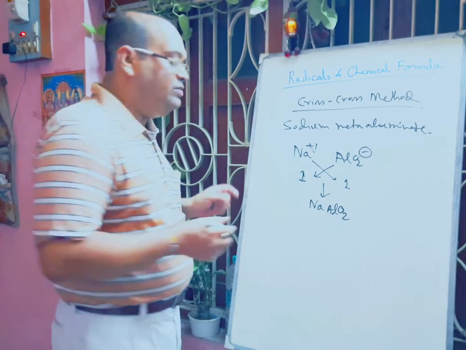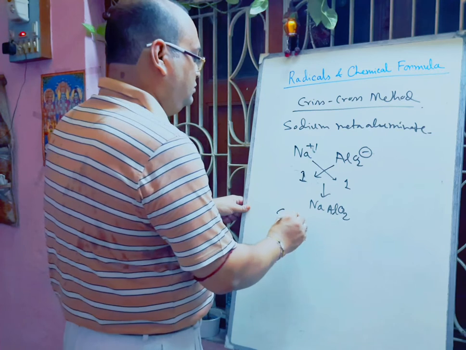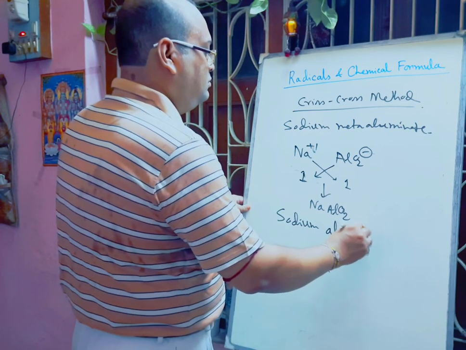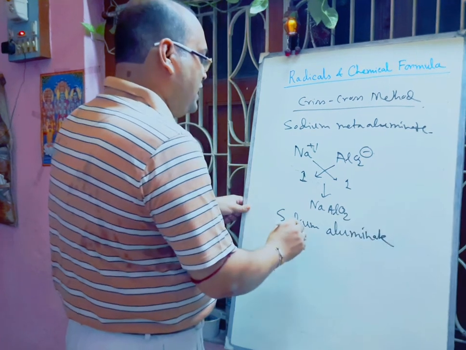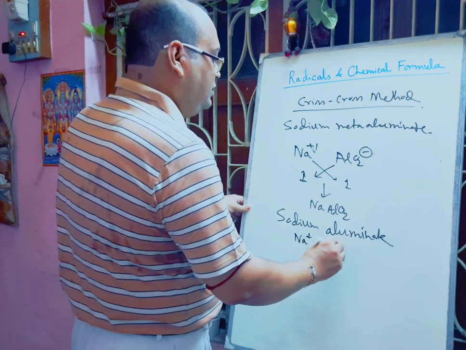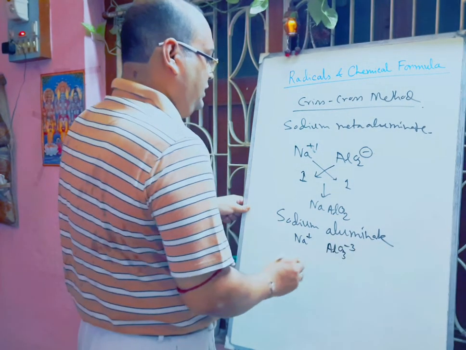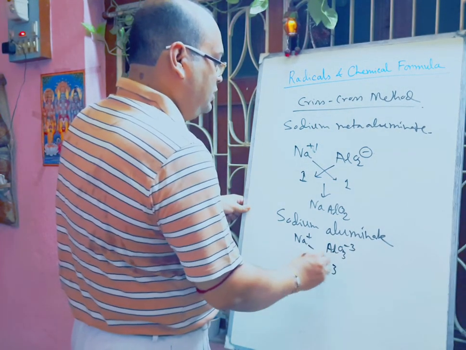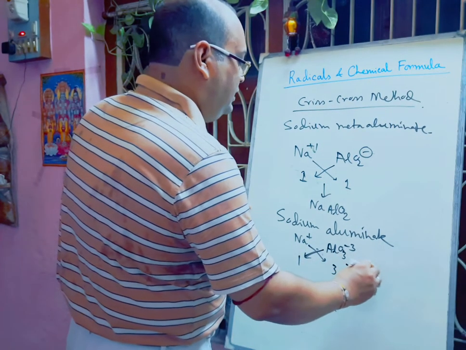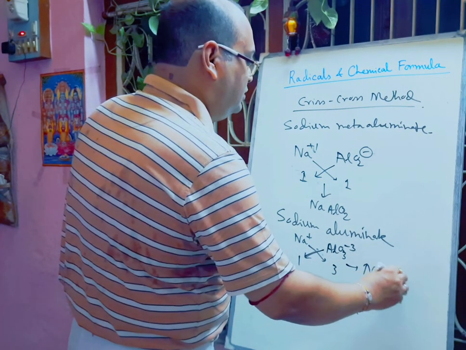Now sodium aluminate. Here sodium is +1 and aluminate is AlO3 3-. So here 1 and here 3. So its formula will be Na3AlO3.